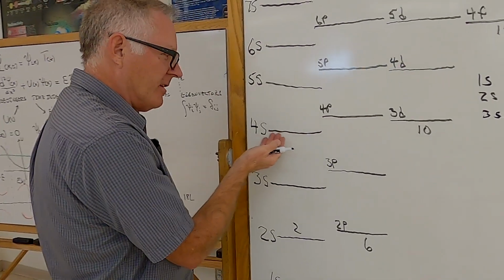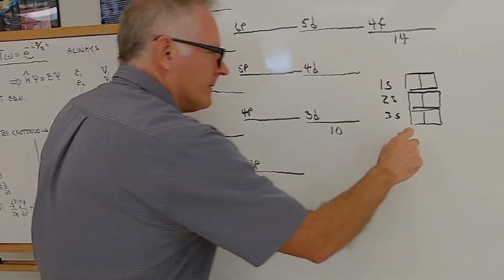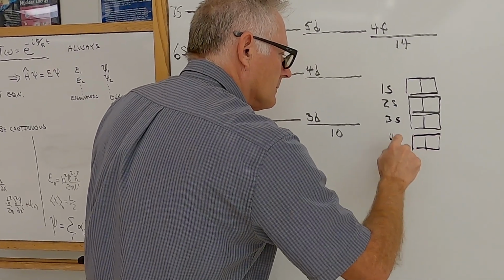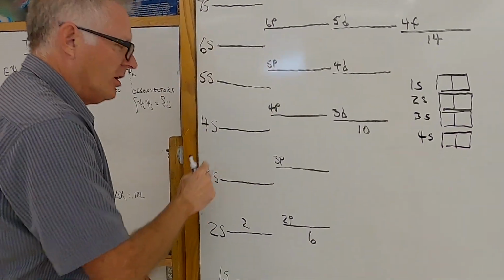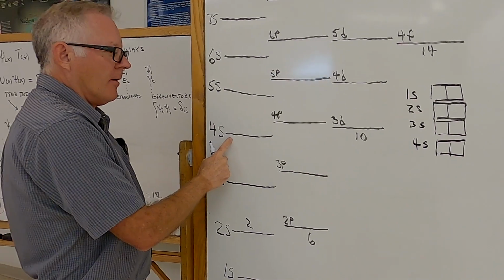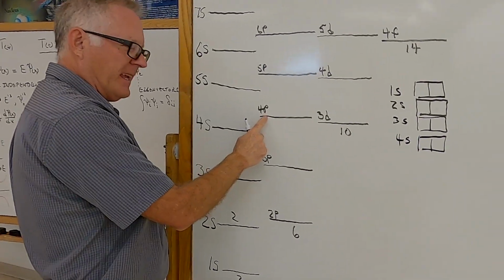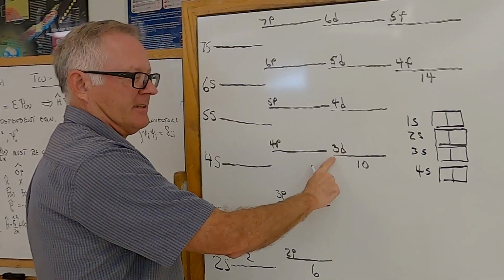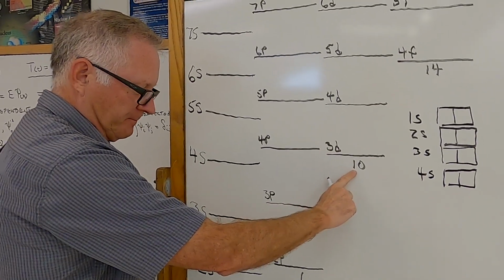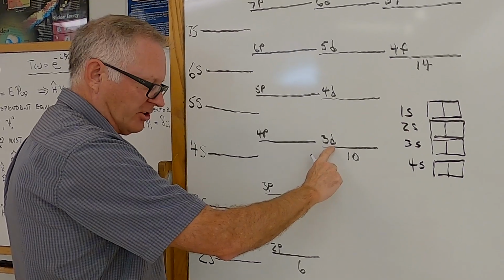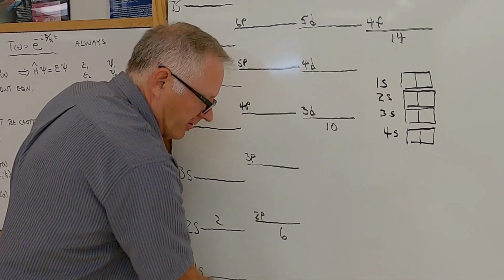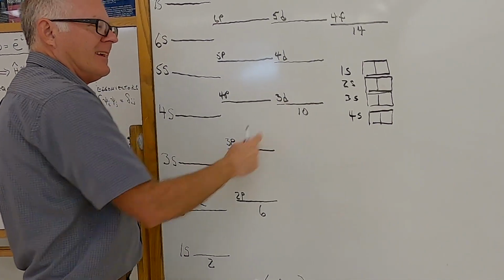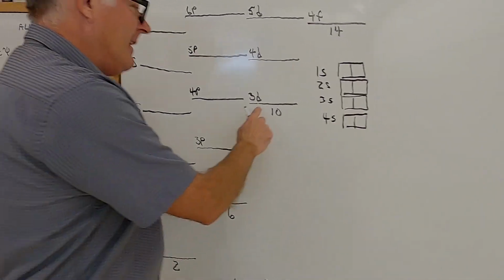Then we're back to the 4s, which is right here. Yes, there's 2 of them. But you notice we don't go to the 4p next. We go to the 3d next. And there are 10 of them, because 2 times 4 plus 1, 5 times 2 is 10 right here.